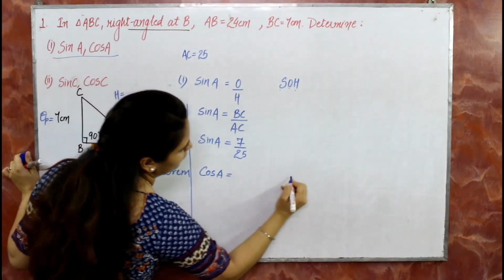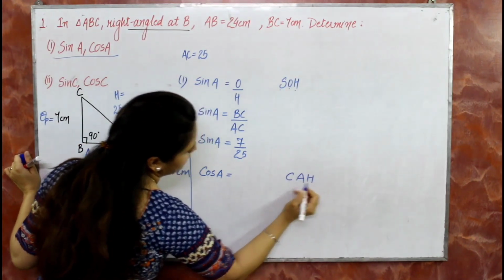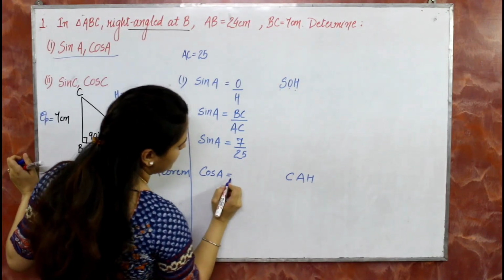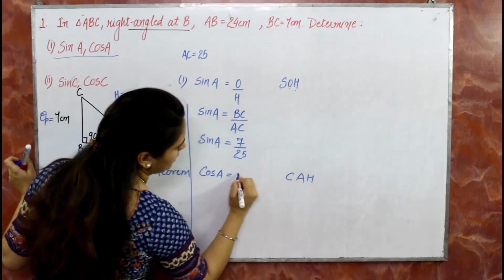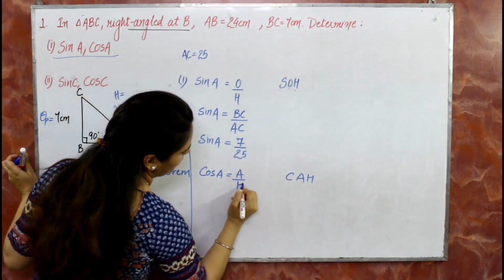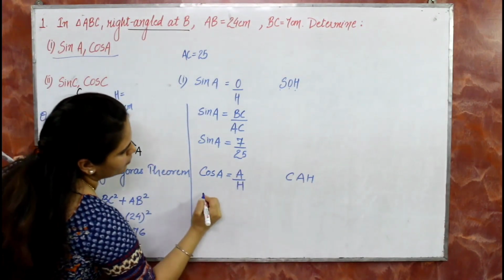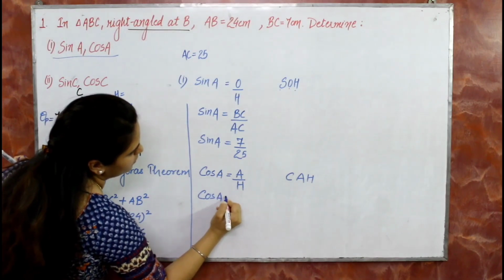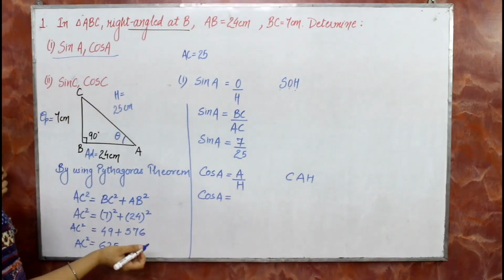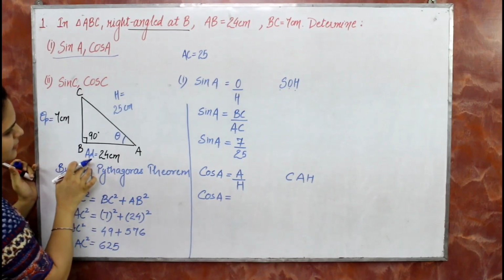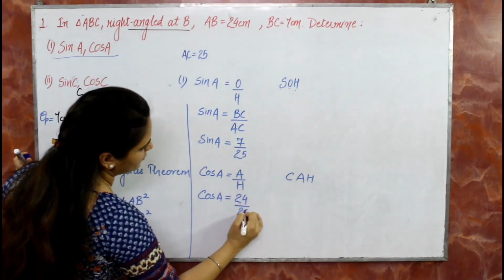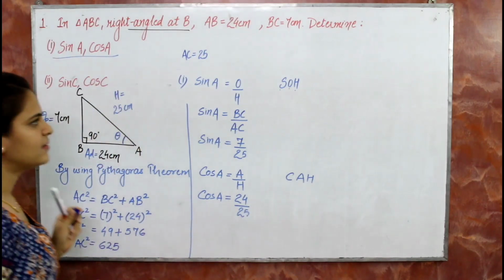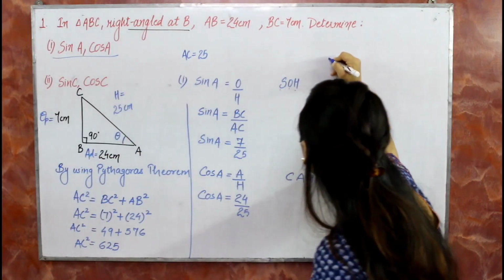The formula for cos A is adjacent upon hypotenuse. Cos A is equal to adjacent side, this is 24 upon 25. So that's the answer for the first part.